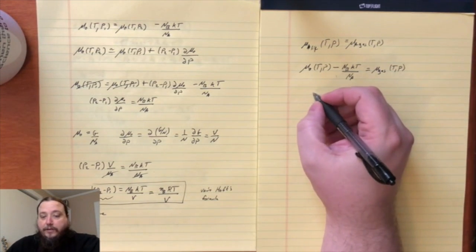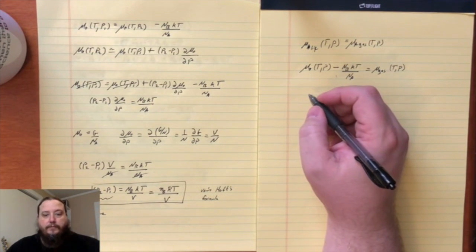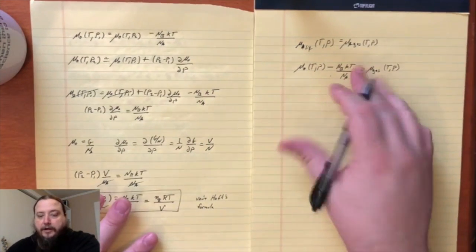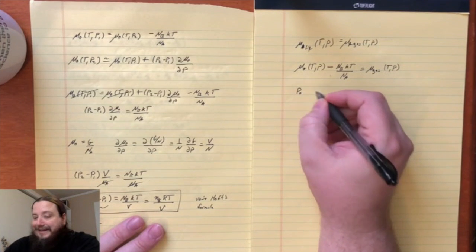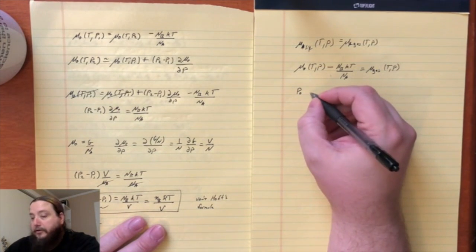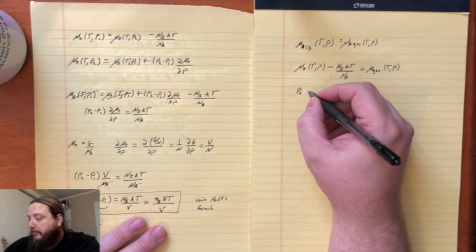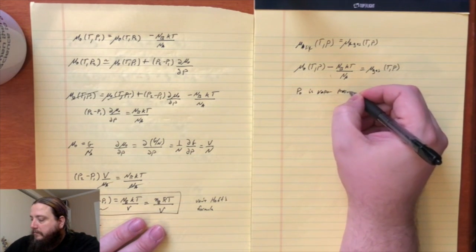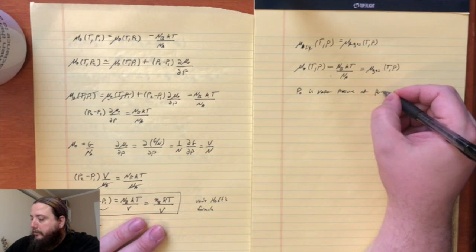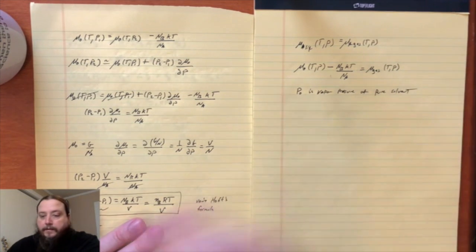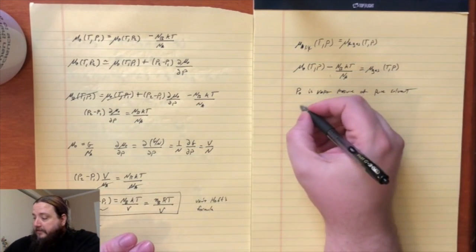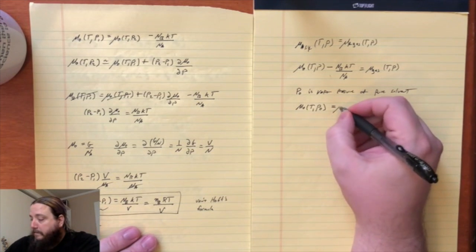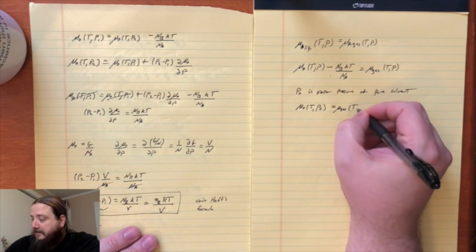And so again, the equilibrium condition is that we're going to look at, first, the pressure question. So we're going to say that P naught is the vapor pressure of our pure substance, the pure solvent, and thus that mu naught at T, P naught must equal mu gas at T and P naught.